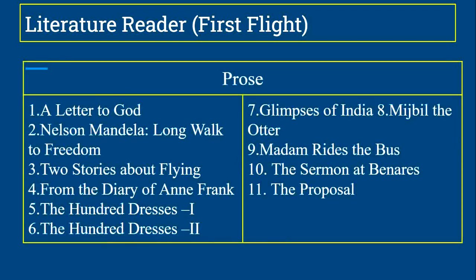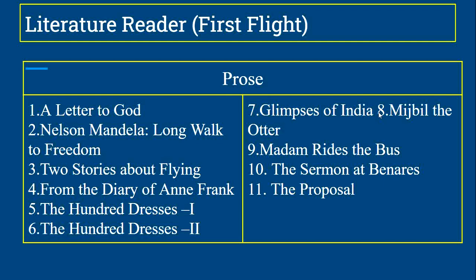Now I would like to share with you what items you have to study in your textbook First Flight. There are 11 prose pieces in our syllabus, and you have to go through all of them. These are A Letter to God, Nelson Mandela, Long Walk to Freedom, Two Stories about Flying, From the Diary of Anne Frank, The Hundred Dresses 1, The Hundred Dresses 2, Glimpses of India.